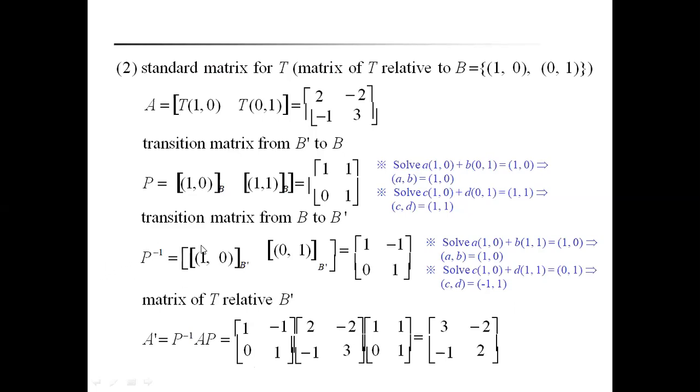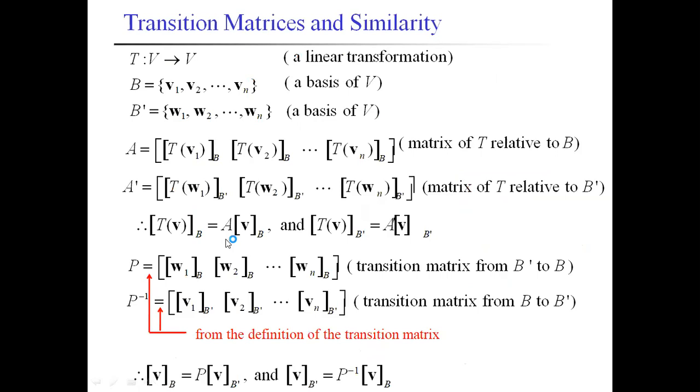Now find the transition matrix from B dash to B. What is the formula of the transition matrix? The formula of the transition matrix P is equal to [W1 relative to the basis B, W2 relative to the basis B, up to Wn relative to the basis B], where W1, W2, Wn are the basis vectors of B dash.